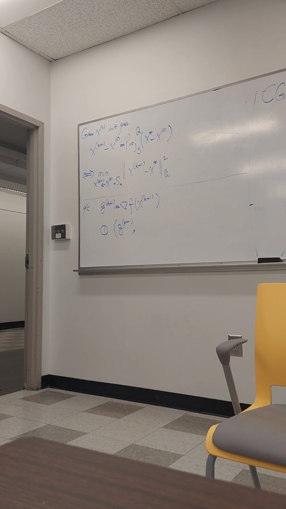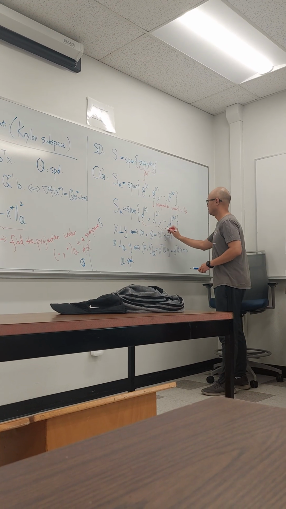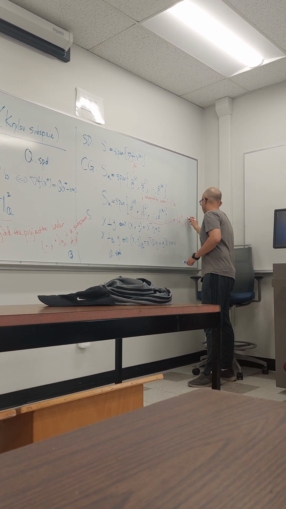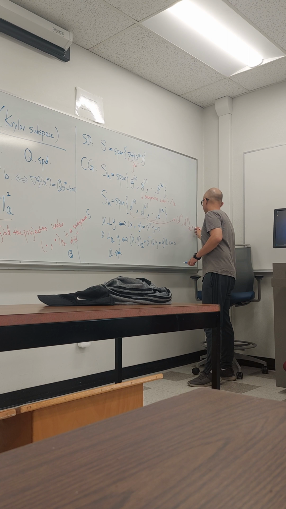So this is Q orthogonal: di is orthogonal to dj in Q norm.